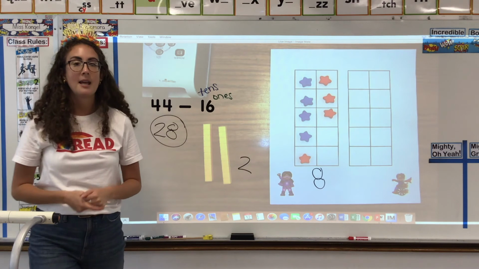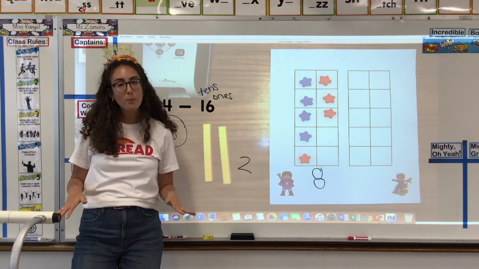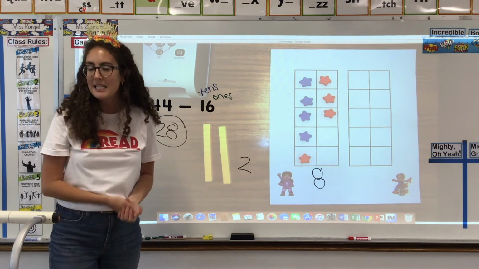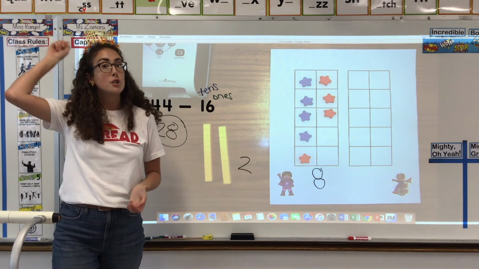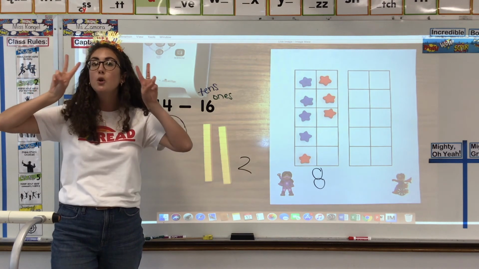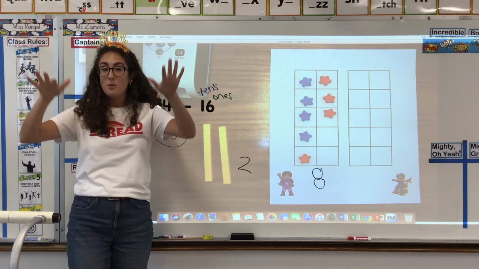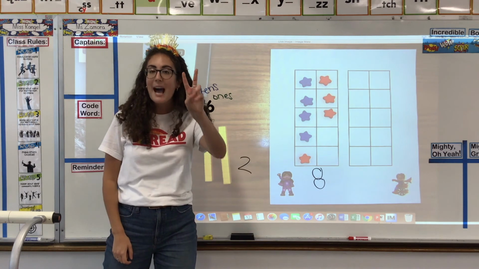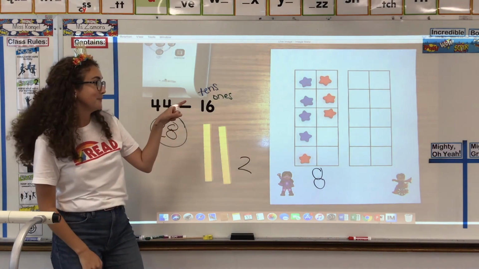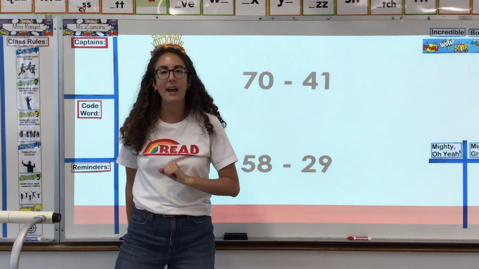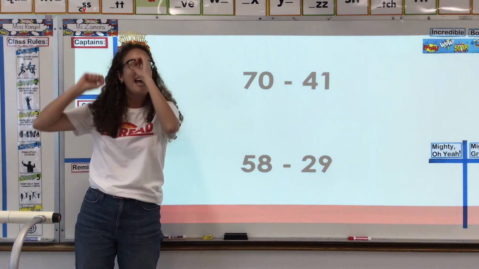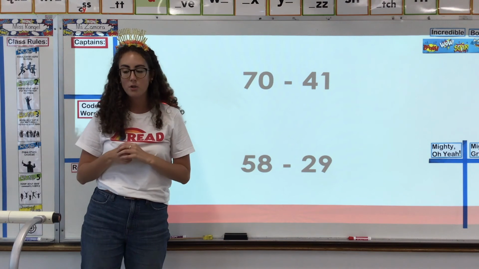So, 2nd grade, we did 3 awesome problems together, and now it's going to be your chance as an independent mathematician to show me what you know with 2-digit problems. So keep your tools out and let's check out the 2 problems I need to see from you. Okay, friends, here are the 2 problems you are going to show me in a video on Class Dojo.